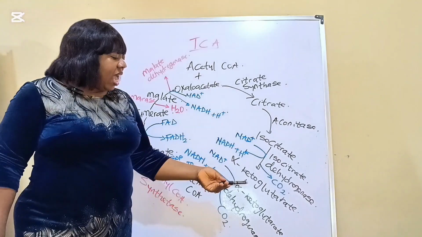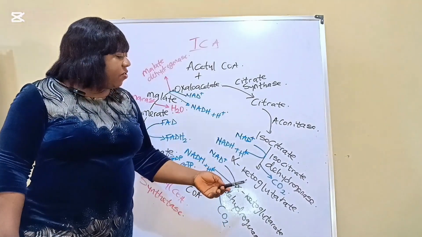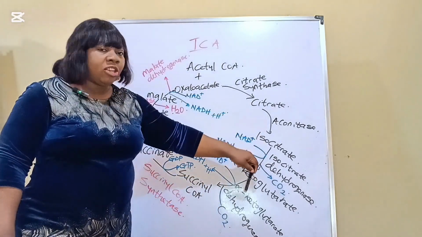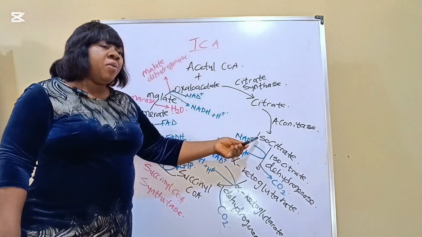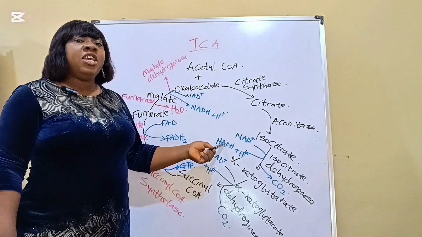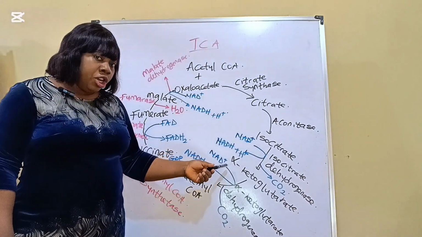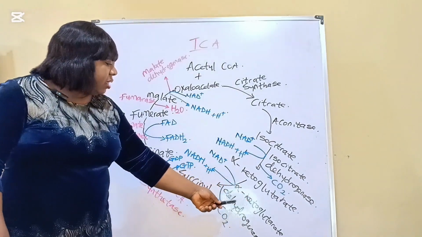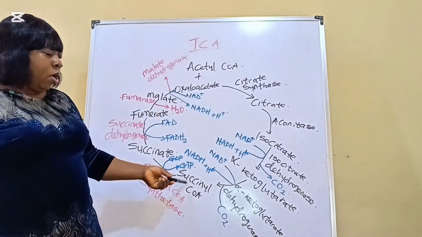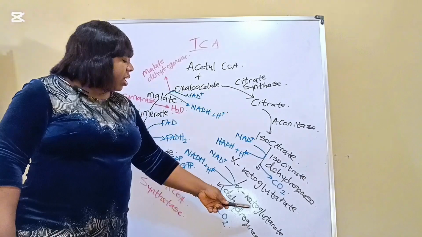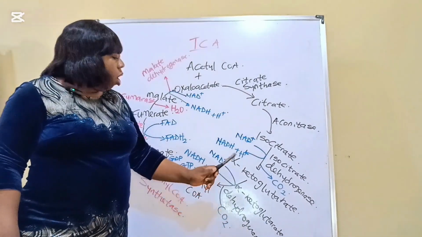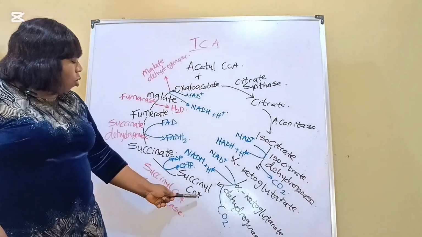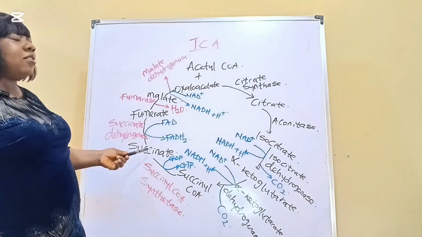Isocitrate will give us alpha ketoglutarate with the help of the enzyme isocitrate dehydrogenase, and in this reaction, NAD plus is converted to NADH and hydrogen ion. Also, alpha ketoglutarate is now converted to succinyl CoA with the help of our enzyme alpha ketoglutarate dehydrogenase. Also here, an electron carrier is being produced. Succinyl CoA is now being converted to succinate.